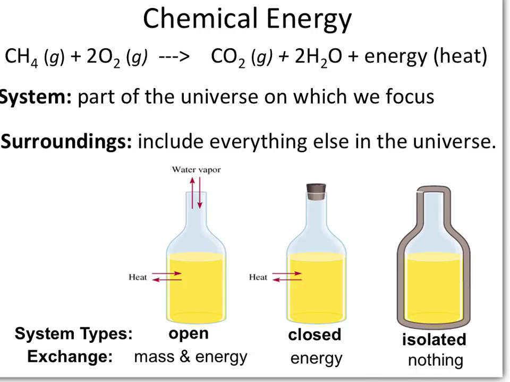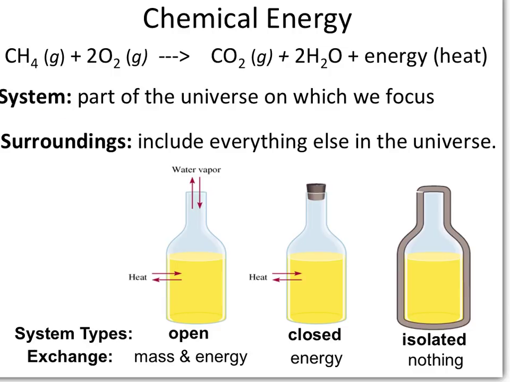Now, in order to analyze chemical energy and chemical reactions, we must be able to identify what we're looking at. And describing what we're focusing on gives us the opportunity to clearly discuss what's actually happening with respect to the chemical energy of that reaction. So let's first look at our definitions.